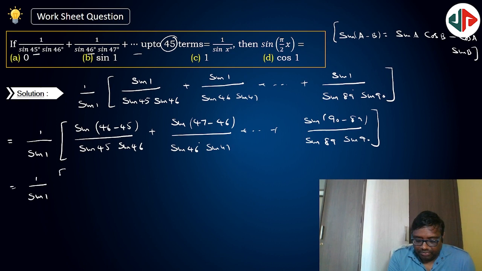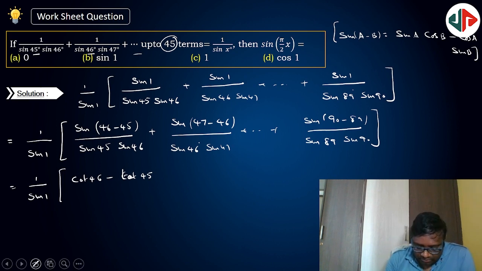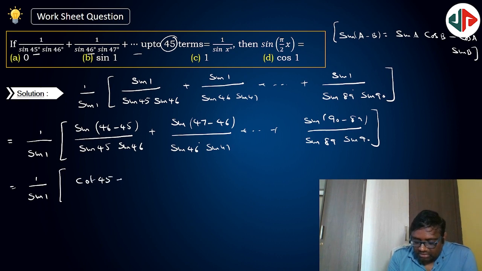Sine 1 into this value is cot 45 minus cot 46, plus cot 46 minus cot 47, and so on.